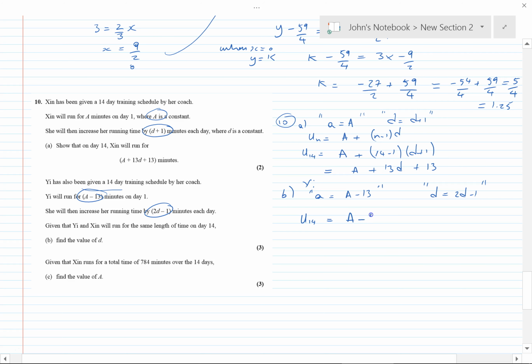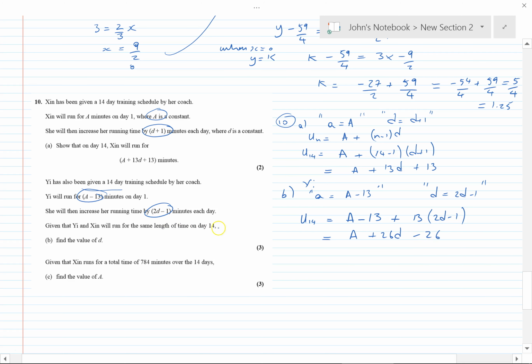So I've got the first term was A minus 13, plus 13, which is 14 take away 1, times 2d minus 1. So that equals A plus 26d, when I multiply that, because 13 times 2, minus 13 minus 13, so that's minus 26.